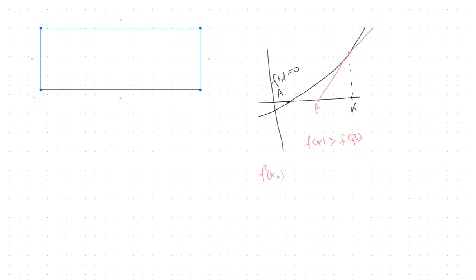That's going to be f of x minus 0 over x minus the next x. In this case, x_n is the first step, and the next one is beta. So we start at alpha and then go to beta.